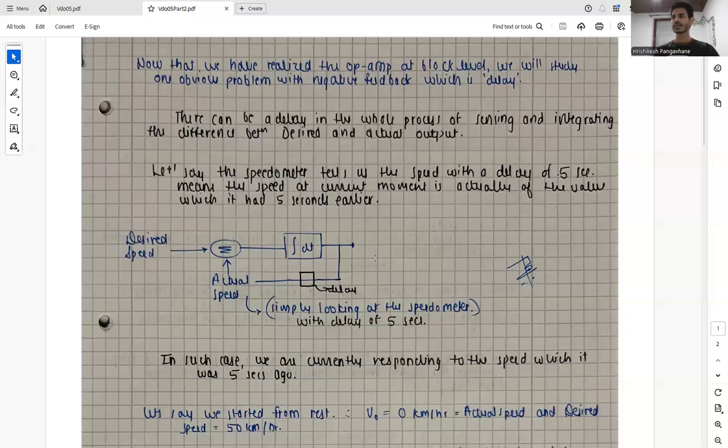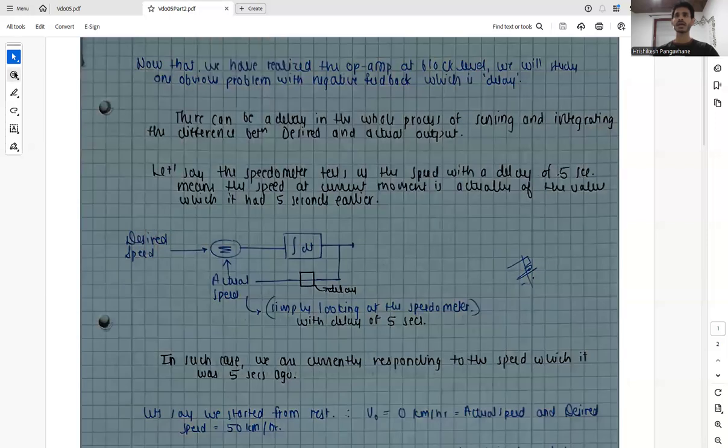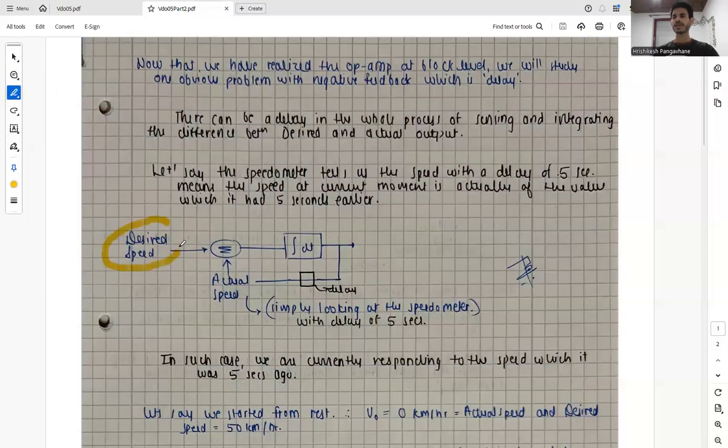Which means the speed at the current moment is actually the value it had 5 seconds earlier.